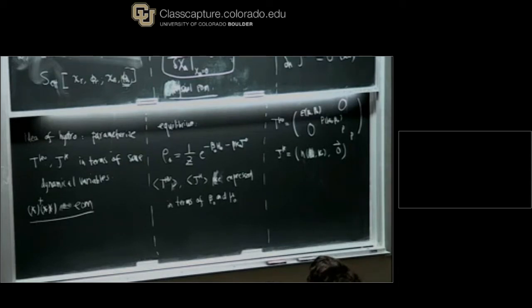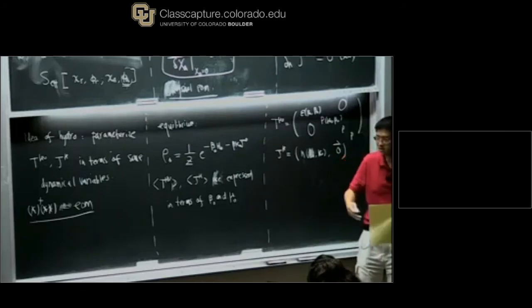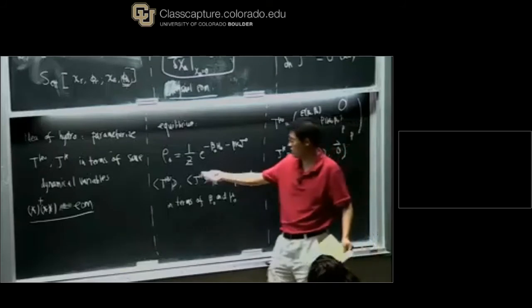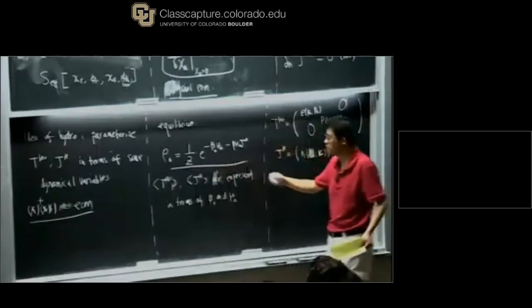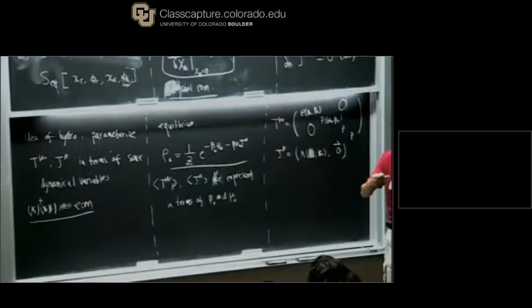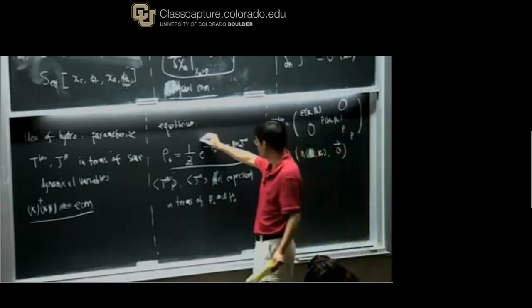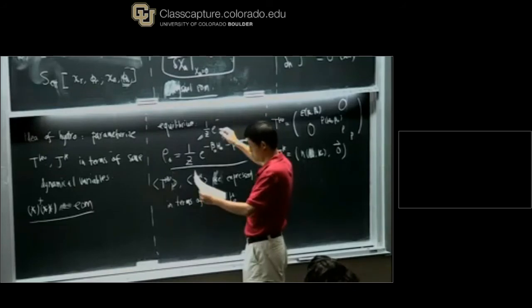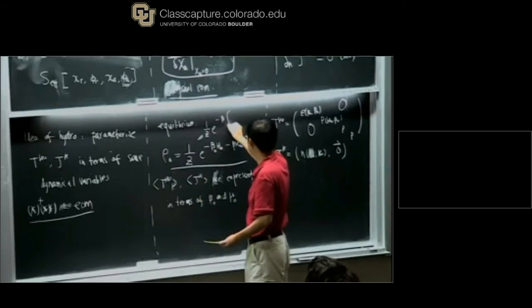Now let's write this slightly more generally. This is in the rest frame, so let's imagine we write it in a general inertial frame. I can generalize this into the following: 1 over Z, exponential of minus beta times T_0 minus mu times J_0.